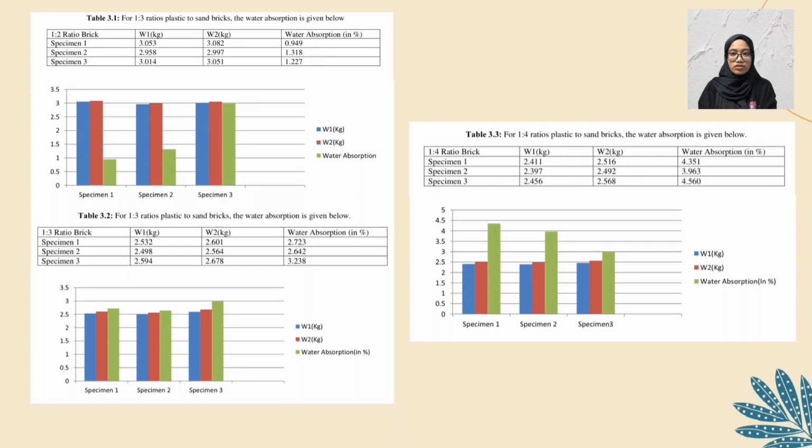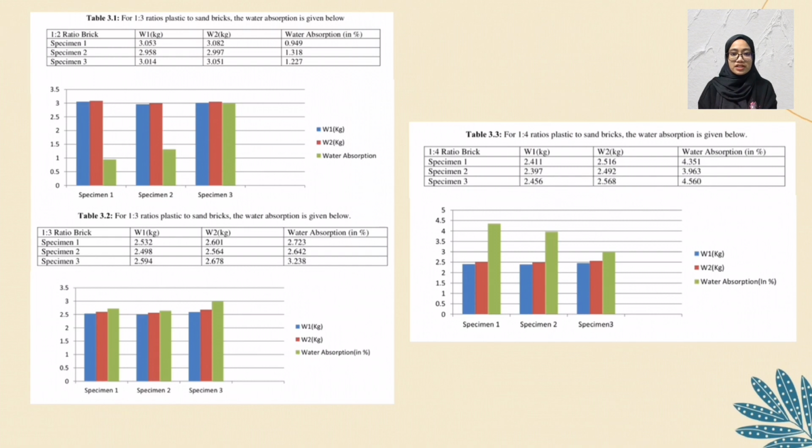Next is the result of the water absorption test for plastic sand bricks. The 1:4 plastic sand bricks have the largest water absorption percentage compared to the other two tests, and the 1:2 plastic sand bricks have the lowest water absorption percentage.